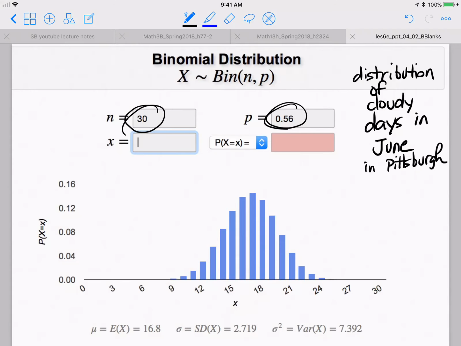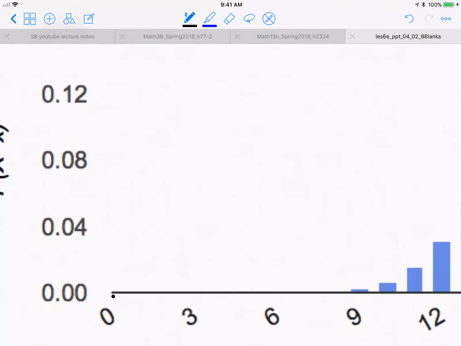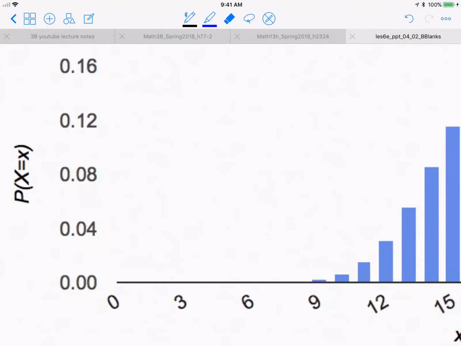So for instance, what's the probability that you're going to have no cloudy days? It's so small that it doesn't even show up, right? It's less than 4%. It's a very, very small probability. The only time there actually becomes a probability that's noticeable is 9 cloudy days.